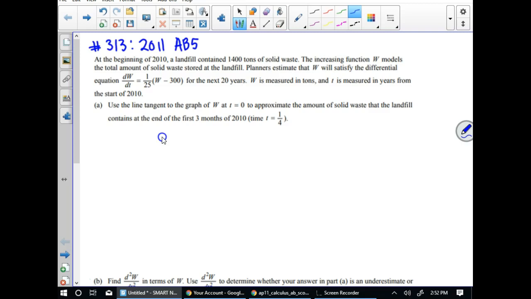So for this, we need a point and we need a slope to get a tangent line. For our point, we are looking for W of 0, or the amount of waste in the landfill when time equals 0. And time equals 0 is 2010. At the beginning, it tells us that we have 1,400 tons of waste.